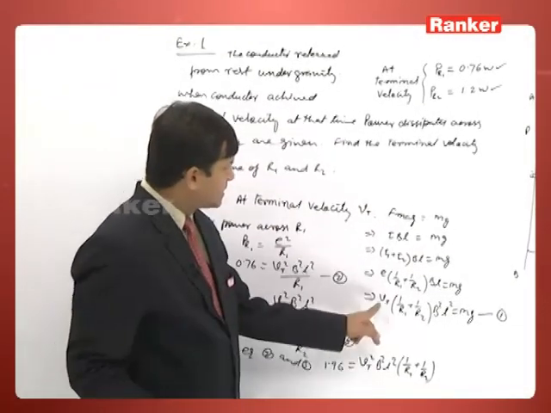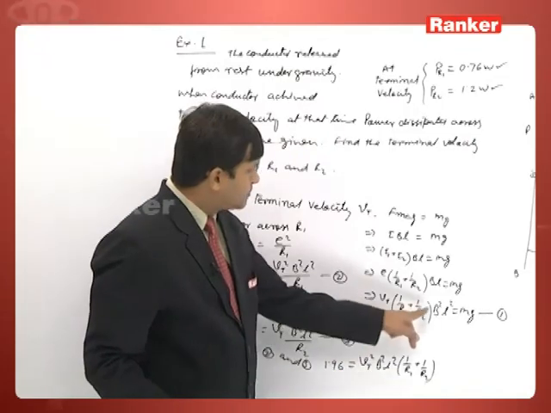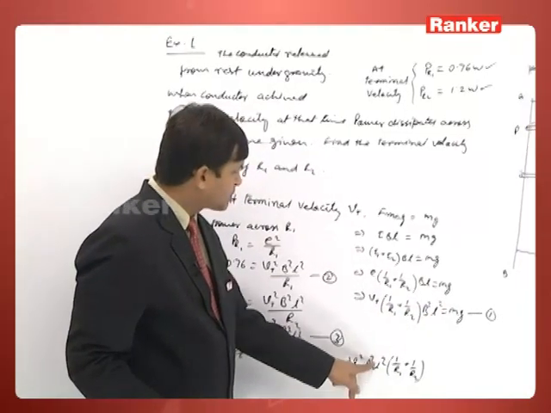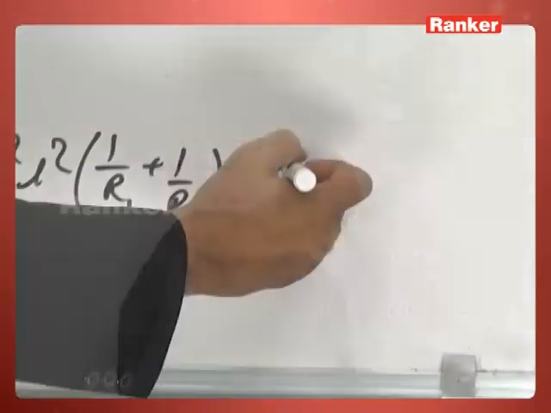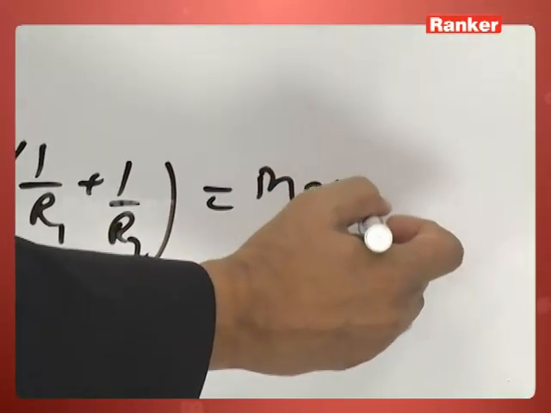And see here, Vt B squared L squared (1/R1 + 1/R2) is your mg. So this is nothing but mg into Vt.